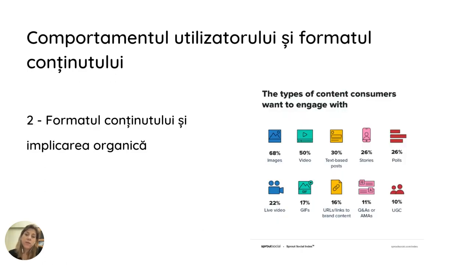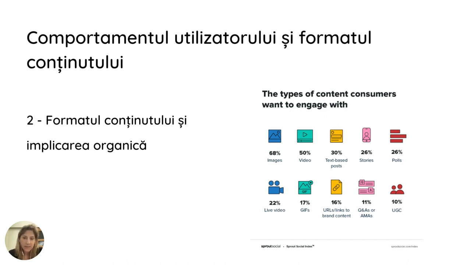Also, when we look at content formats and how that relates to engagement on these platforms, we can realize that, for example, in this graph that dates from 2020, it highlights that different content formats generate different levels of engagement with users on social media platforms. For example, image ranks number 1 at 68%, followed by videos at 50%. You also have text-based posts. These are basically images with text written on them or text overlays.